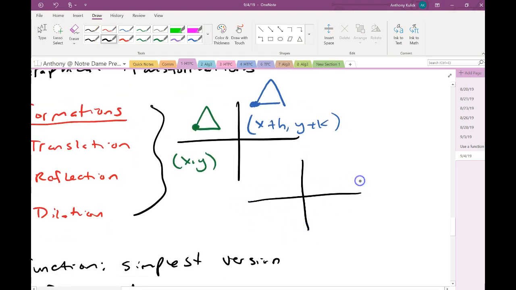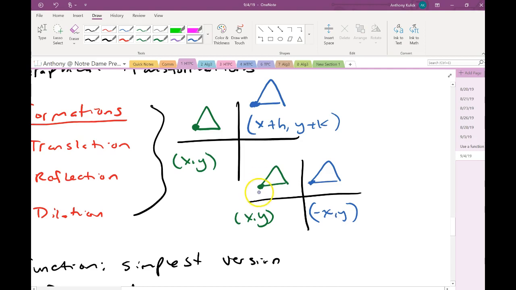If I think about the reflection, if we reflect across the y-axis, which coordinate changed? The x. And what happened to that coordinate? It was negated, right?